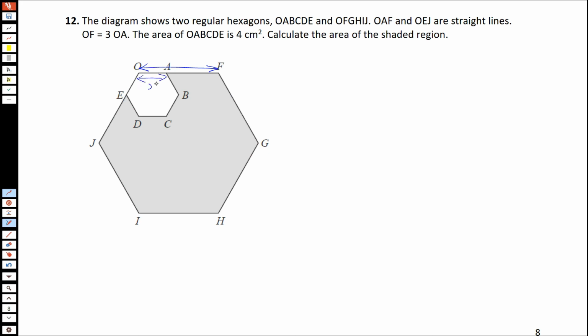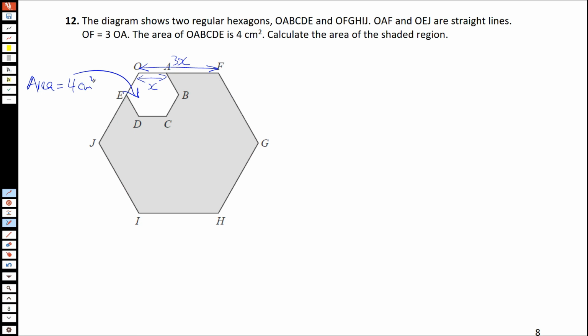So if OA is X, this will be 3X. And then the area of OABCDA, which means the area of the smaller one, the area of this. So area here is 4 centimeters squared.